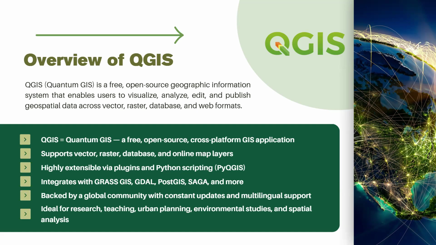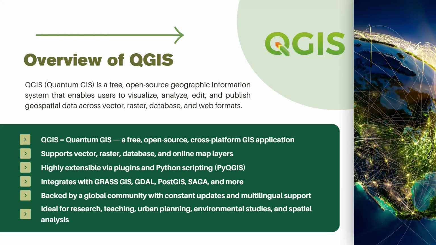QGIS stands for Quantum GIS, and it is one of the most powerful examples of how open source technology has transformed geospatial science. It began in 2002 as a small project by a geologist who wanted a simple way to view spatial data. So he did a great job.